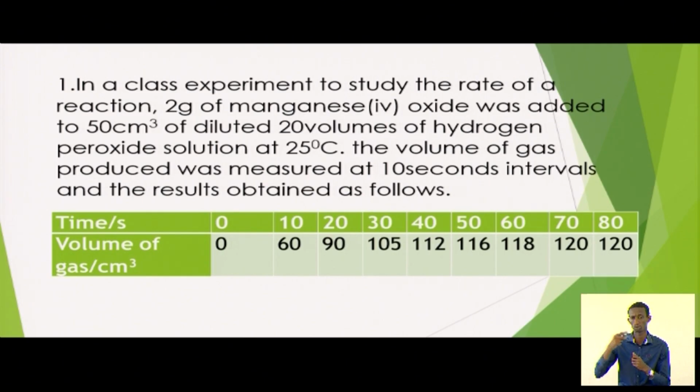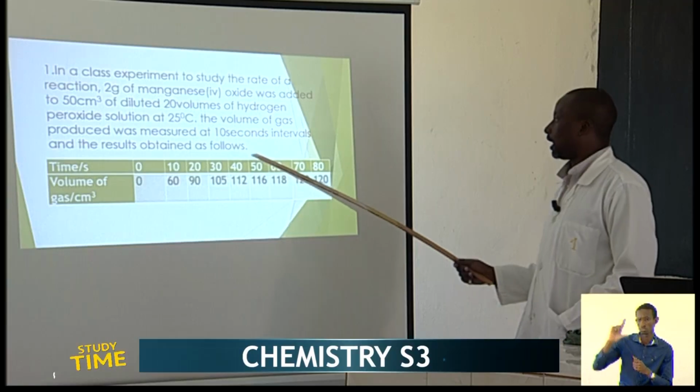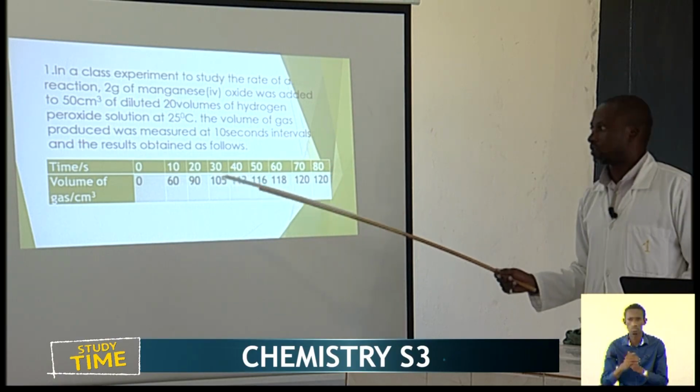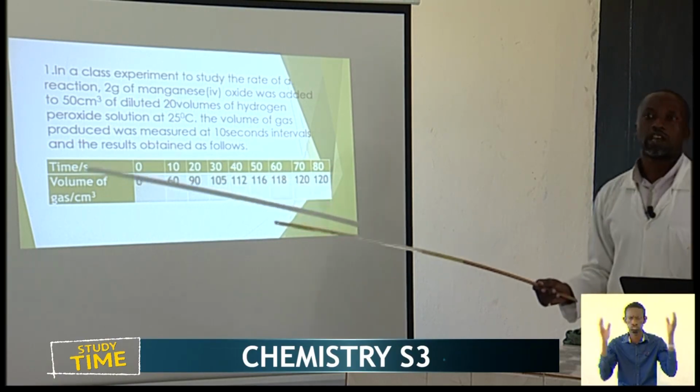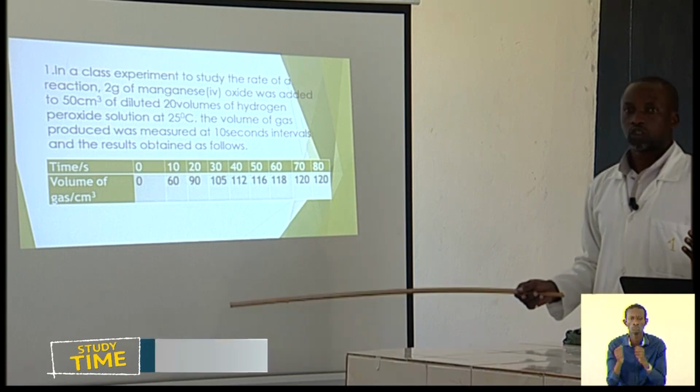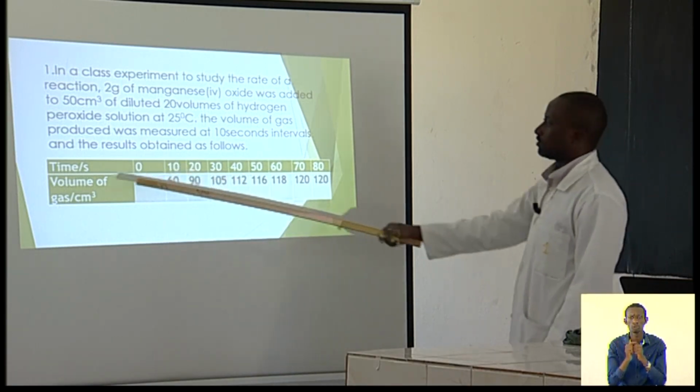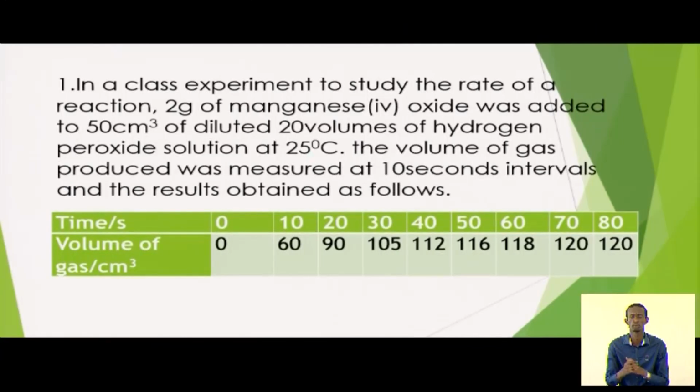The volume of gas produced was measured at 10 seconds intervals, and the results obtained are as follows. So the results are here. We have the time, 0, 10, 20, 30, up to 80, in intervals of 10. And the volume of the gas produced.